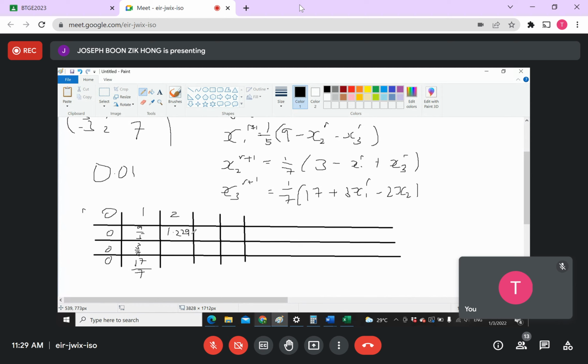Okay, and then next one will be 1 over 7 times 3 minus the first one 9 over 5 minus the third one 17 over 7 plus, sorry. So I get 0.518.